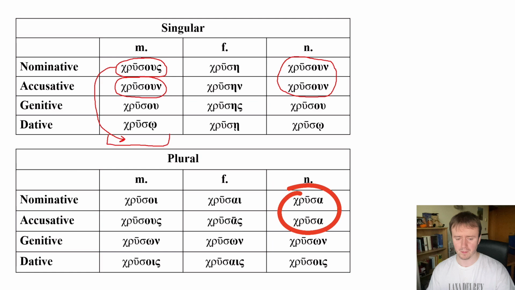Now, one thing that I should point out is that in the neuter nominative and accusative plural, we still have alpha, as we usually do. But this is weird because epsilon plus alpha should make eta, and omicron plus alpha, with an omicron contract adjective, should make omega. But instead we have alpha in the neuter nominative and accusative plural, as we usually do.